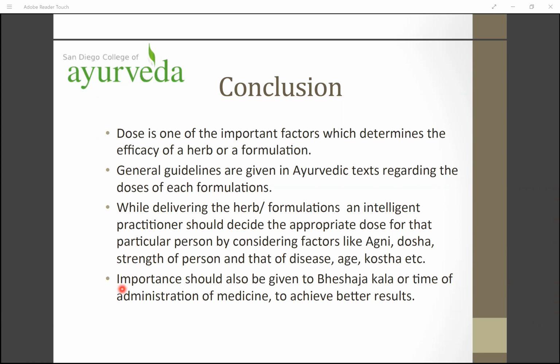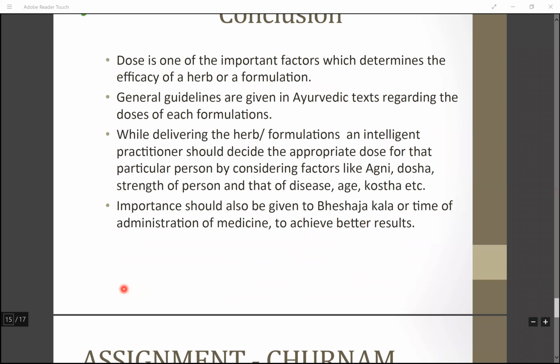Don't always go with the general principle that we've talked about today. Don't always blindly prescribe something. Sometimes, based on the individual, there will be a little change with the way they digest medicine. So keep that in mind, right?